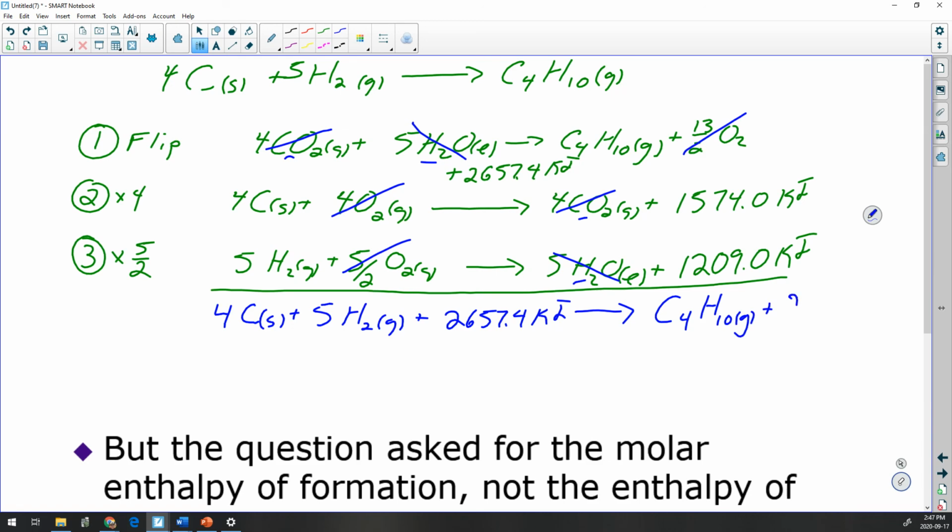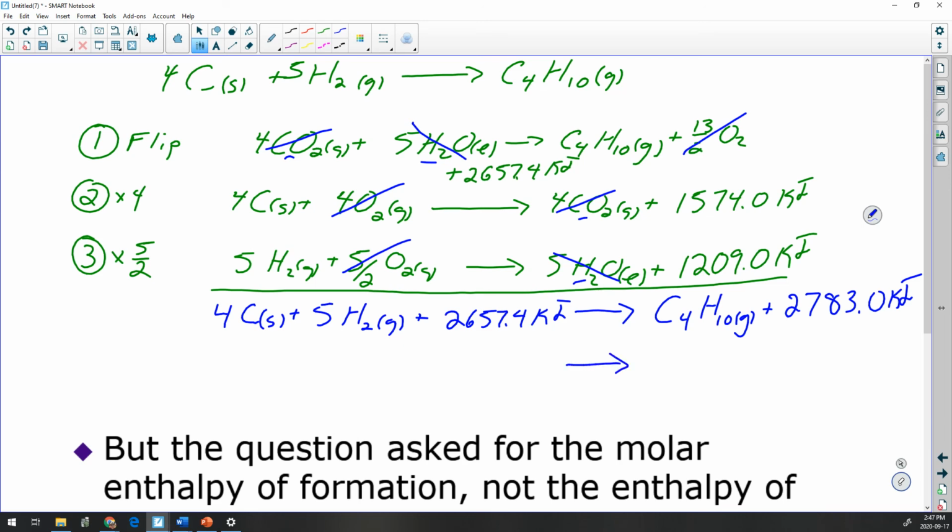2783.0 kilojoules. Now, again, I would probably not write down this. I have energy on both sides. Well, the difference between those two numbers is 125.